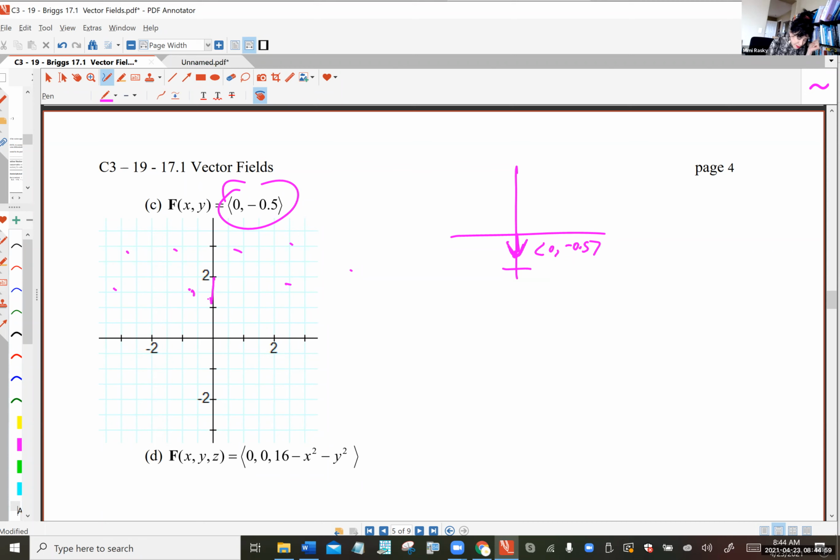So it doesn't matter. I can pick just a bunch of points and, oh, those are too large. I need 1/2. It's got to be tiny. So if I just graph enough vectors all over the place to indicate that this downward 1/2 magnitude, that's enough. Okay, it kind of looks like rain.